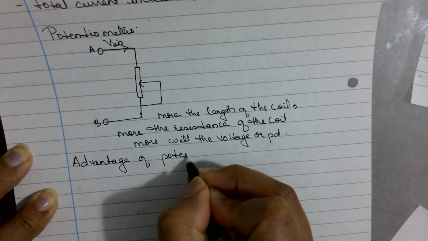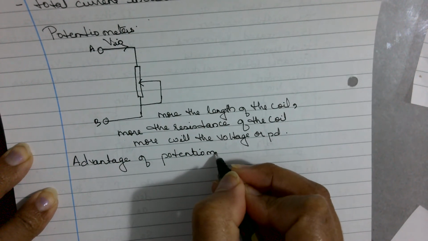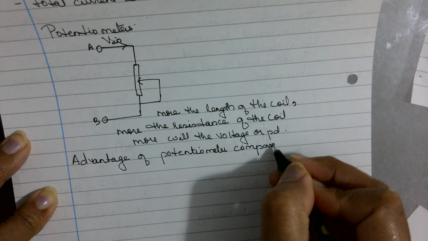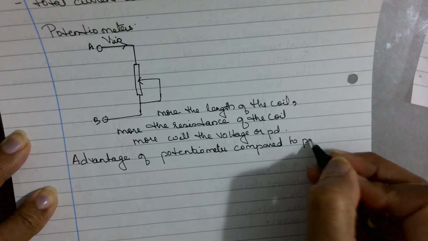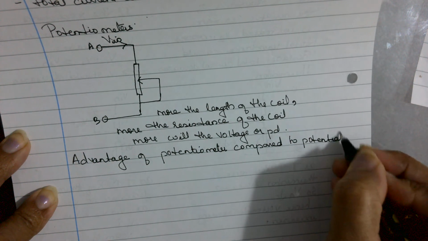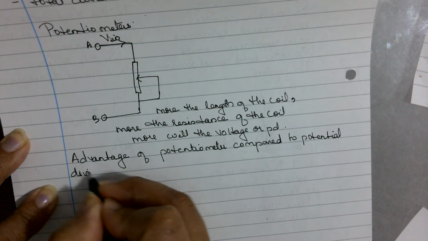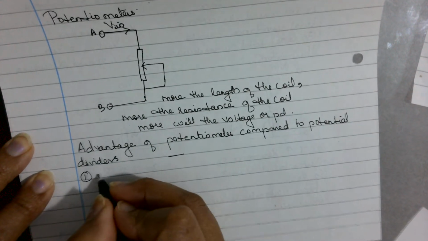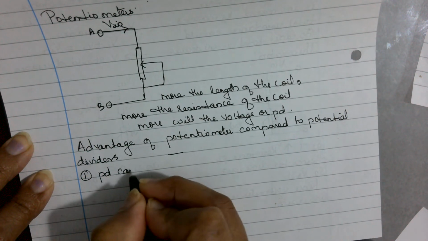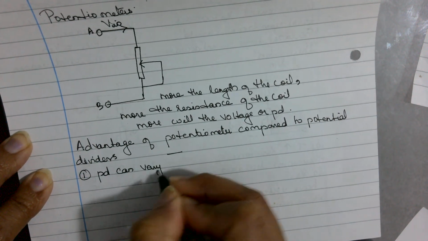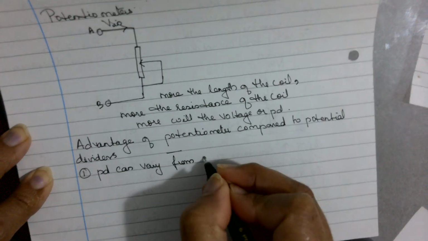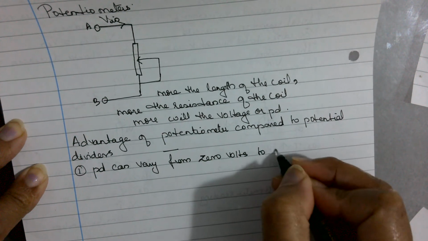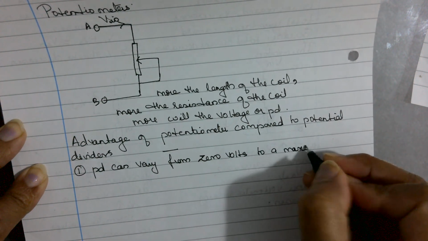So advantage of potentiometer compared to potential dividers. In the case of potentiometer, the PDs can vary from 0 volts to a maximum value.